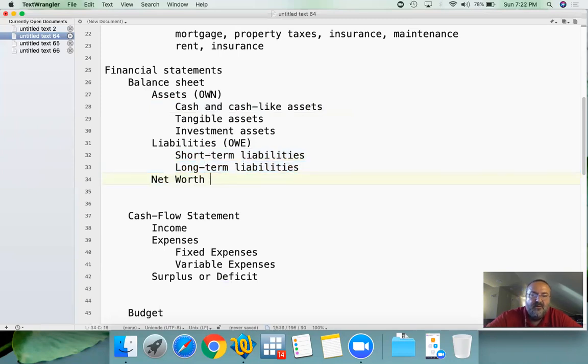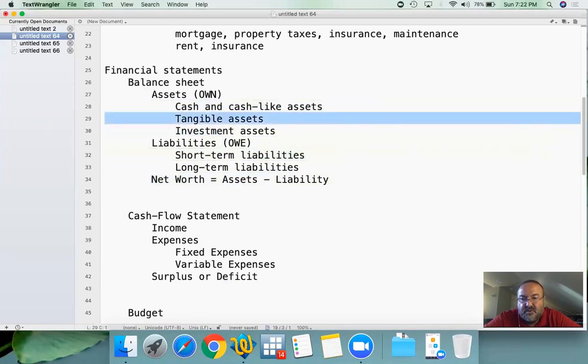And the net worth would be the difference between your assets and liabilities. Perhaps when you're considering your assets, you may want to consider cash-like items and investment assets, because for your tangible assets, you may not have the actual true value. What if you were to sell them today? So I have a car. I really like the car.